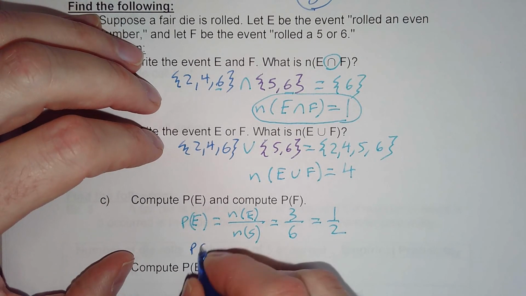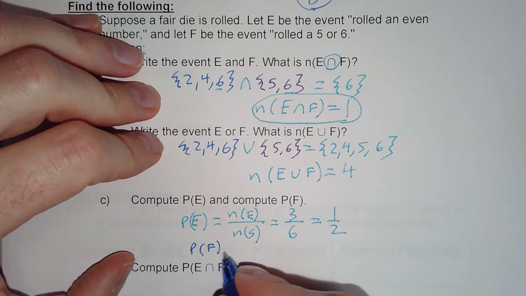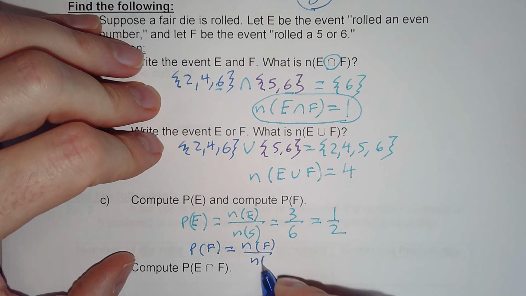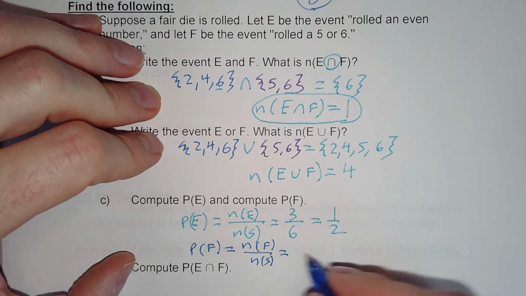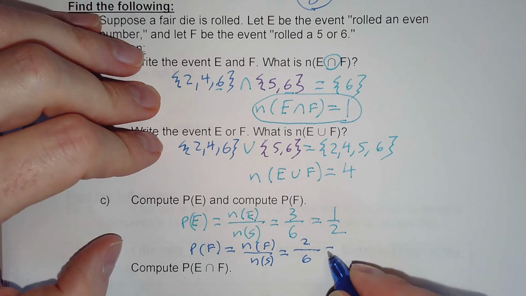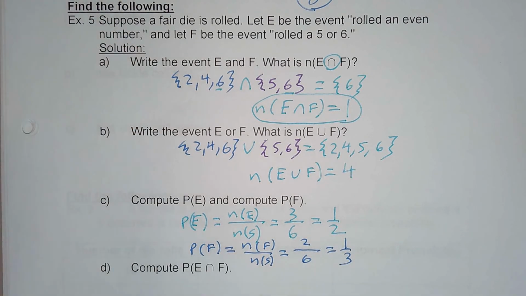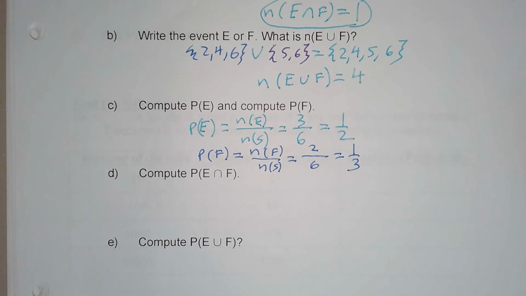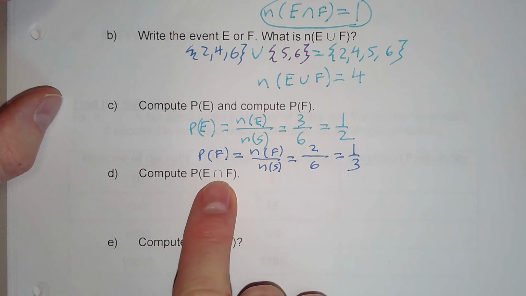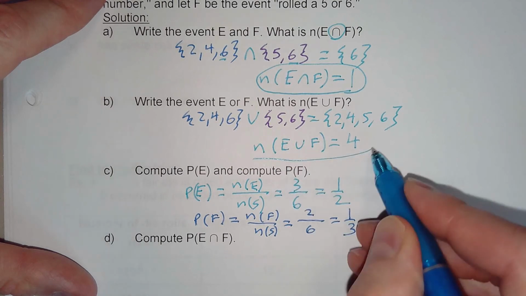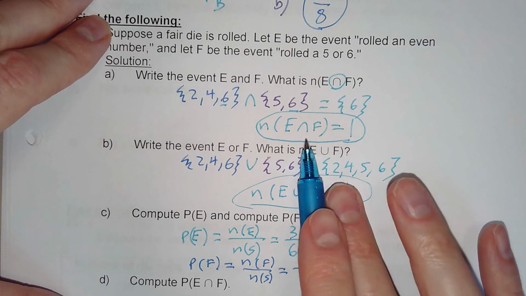And now let's do the probability of F. Okay, denominator doesn't change. But rolling a 5 or 6, there's only 2 ways that can happen. So that'd be 1/3. And now let's compute the probability of E intersect F. Well, we know from above here, that was 1.